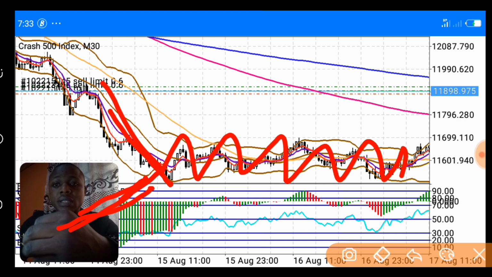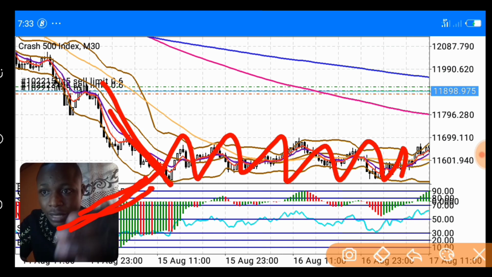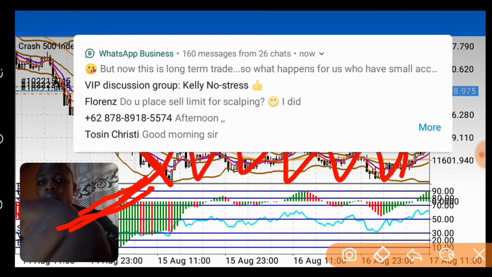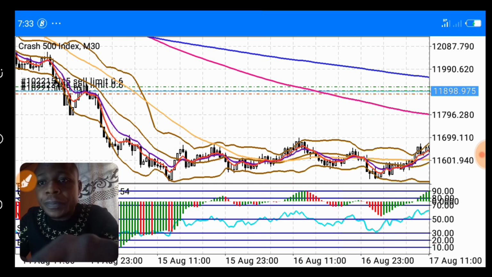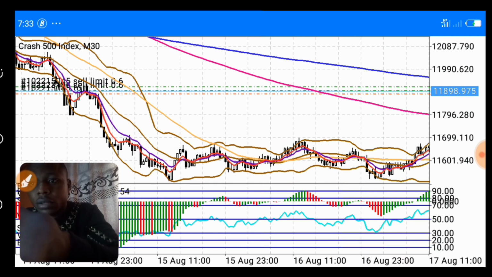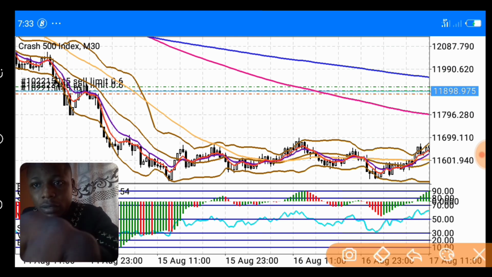That means we have the same level of buyers and sellers in the market at that point in time. Maybe we have 50 buyers and also 50 sellers. So the market will be pushing up and down and consolidating. This kind of time you can also milk the market. So this is how to determine it, this is how it starts.